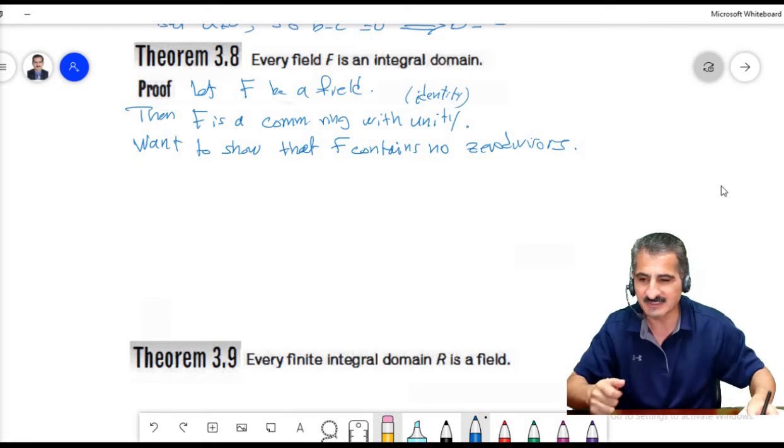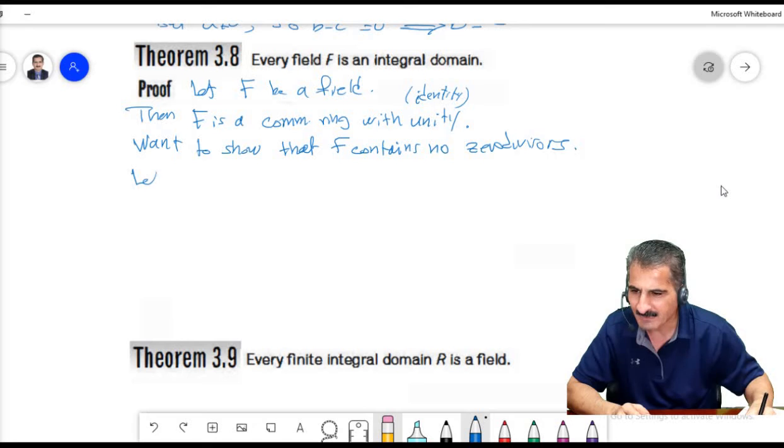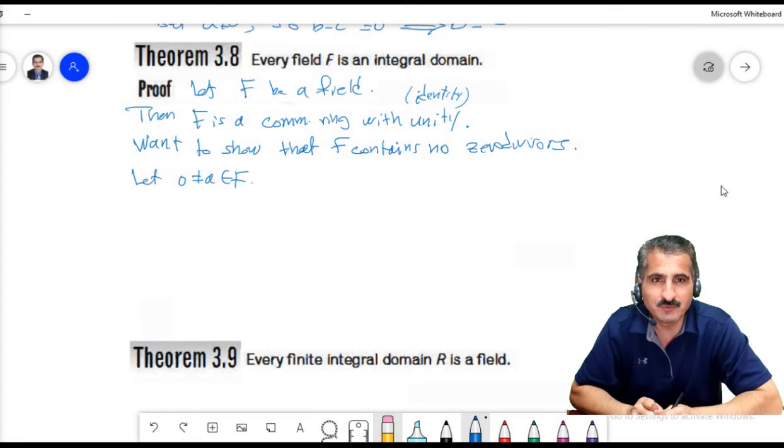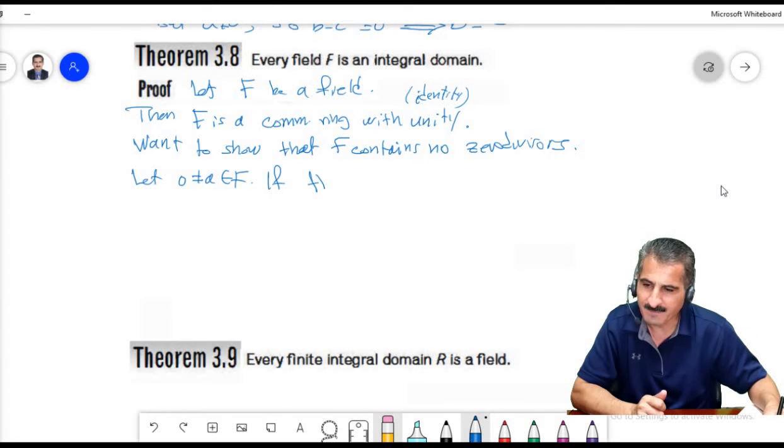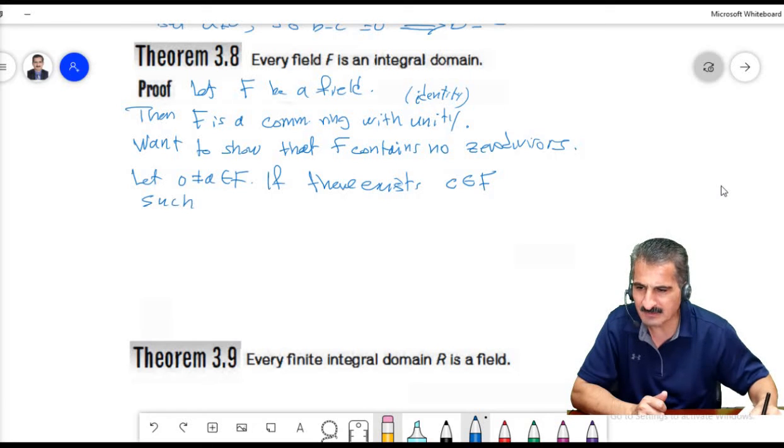So let's show that. Let A be an element of F. We want to show that a non-zero element is never a zero divisor. Now, if there exists C belongs to F such that A times C equals 0, then what do we get?